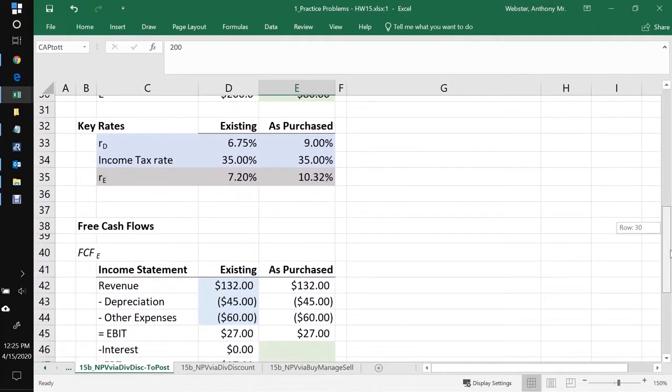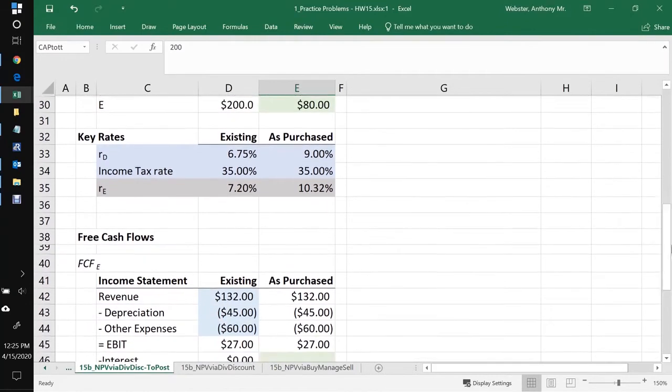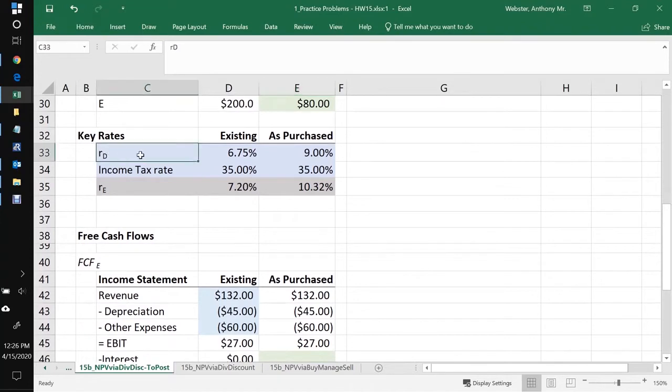Okay, let's look at our key rates here. One thing to note, and we're going to see this more as we go on in the semester, is as we lever up a firm, the interest rate that the firm is going to be charged on its debt goes up. And again, that's because the more leverage you have, the more risk of bankruptcy, the higher the interest rate demanded by banks and or bondholders.